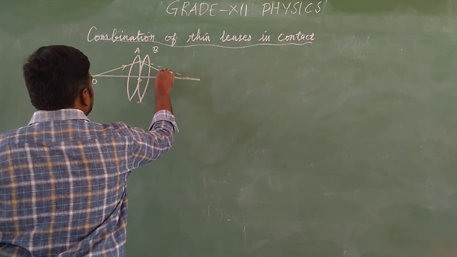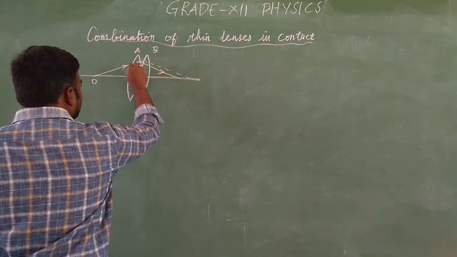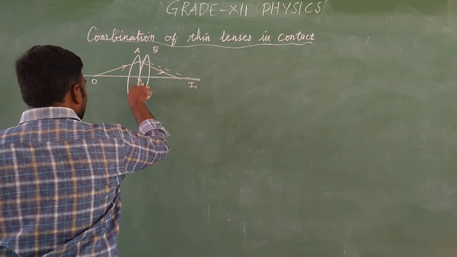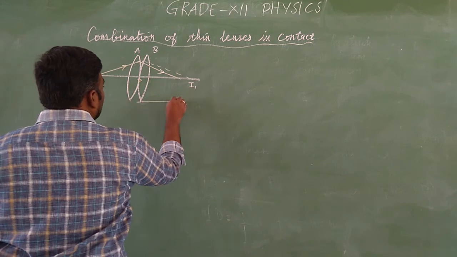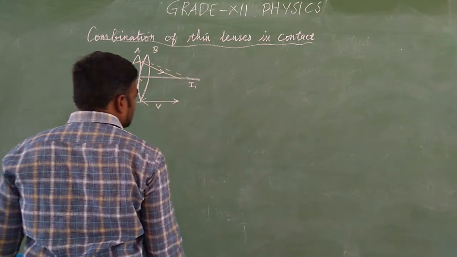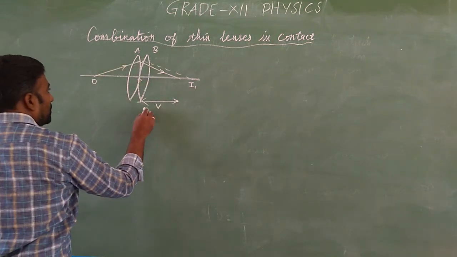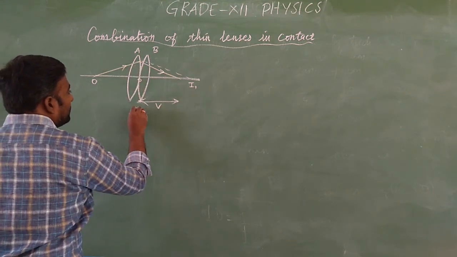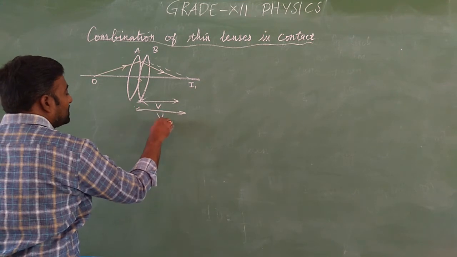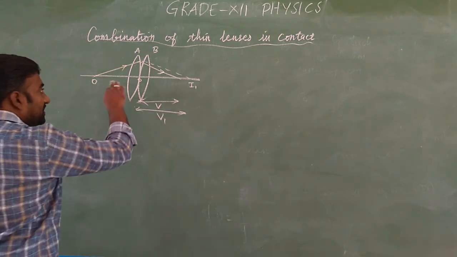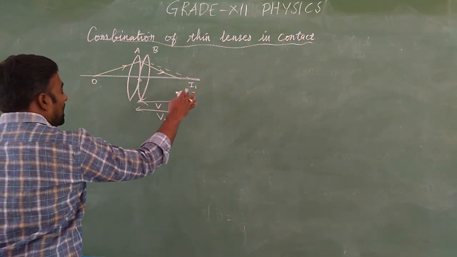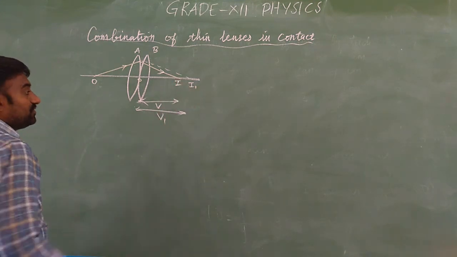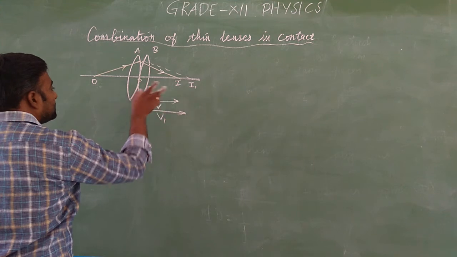Here the first lens forms the image I1 that serves as the object for the second lens, and the final image is obtained at V. So V1 is the image distance for the first lens A, and V is the final image distance for the second lens.